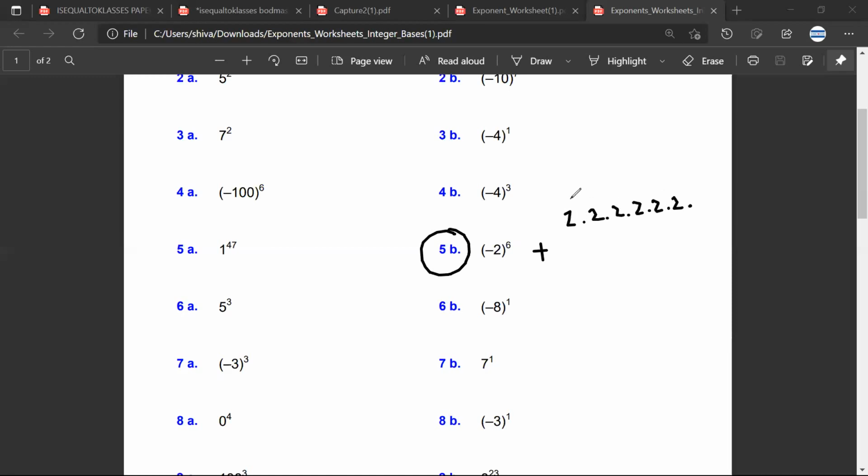I'll just multiply it 6 times. Because ultimately I know my answer is positive, so I don't have to worry. I won't write minus, minus, minus again. So this will be 2, 4, 8, 16, 32, 64. Have you understood? Yes, sir.